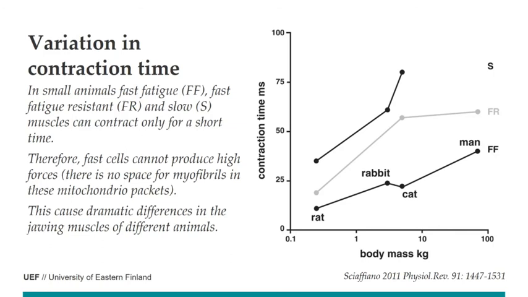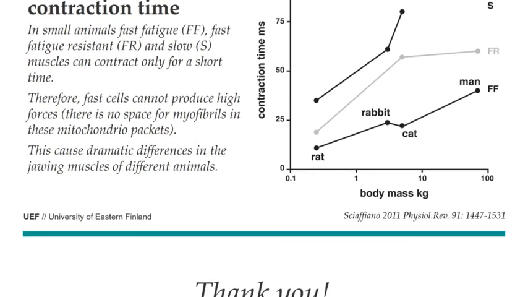Even the herbivores have quite large chewing muscles. That's why the small animals and the large animals are using different kinds of prey or different kinds of food. Thank you.